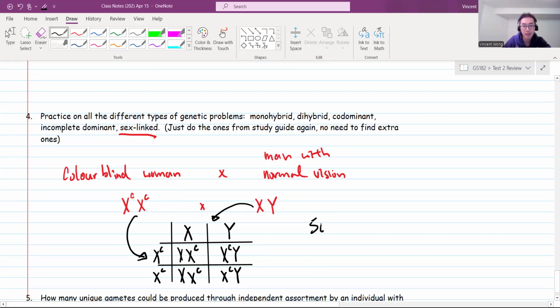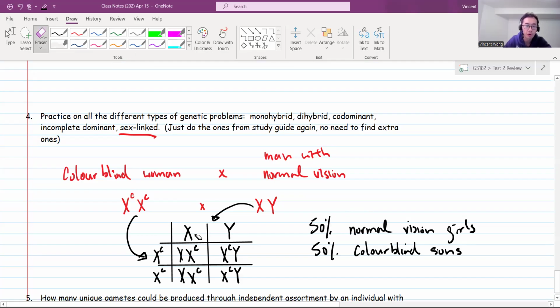So we will have 50% female, 50% normal vision girls, and 50% colorblind sons.